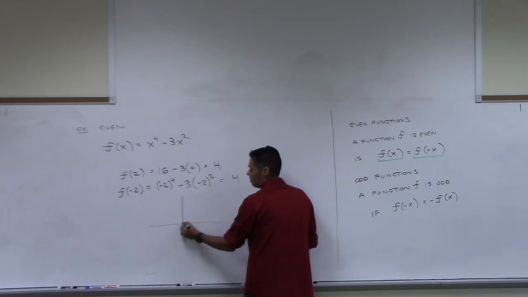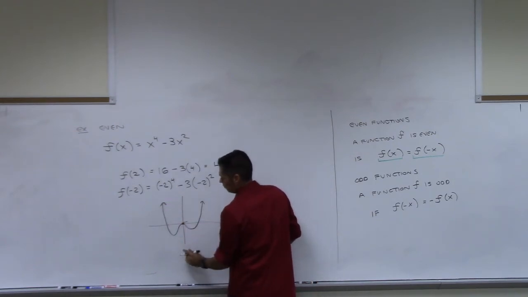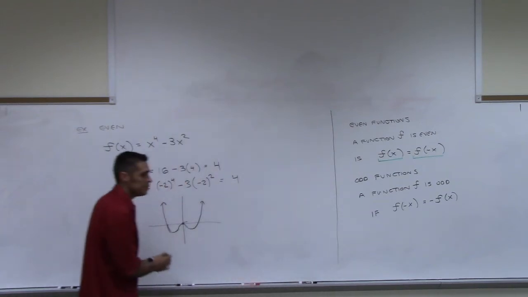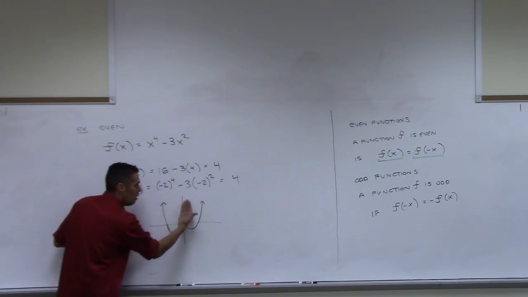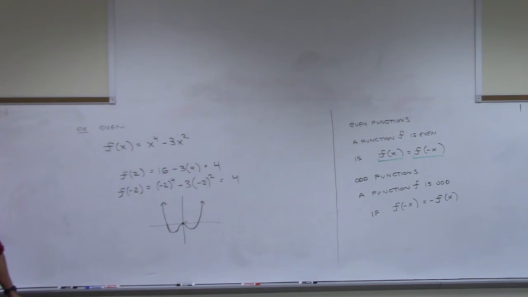Yeah, okay, it's going to look like this. Those are exactly the same. Even functions are reflections over the y-axis. All even functions are reflections over the y-axis. Okay? Does this ring a bell yet? Okay, now it does.